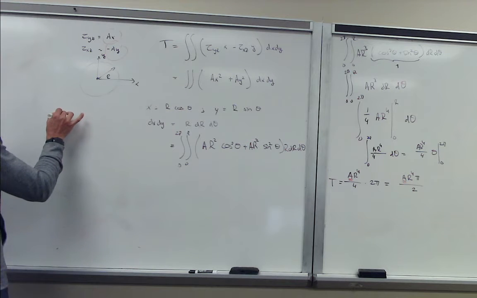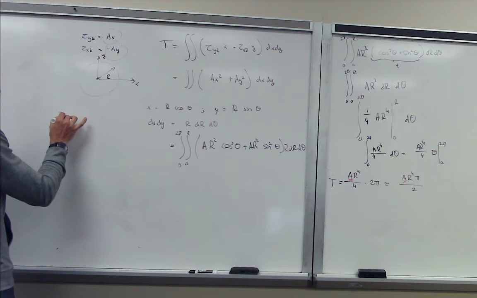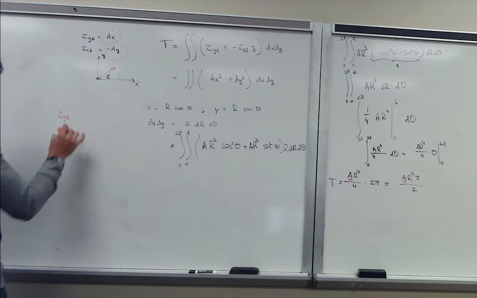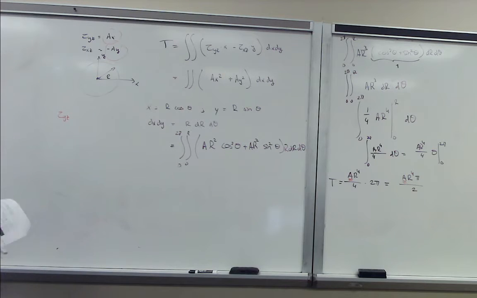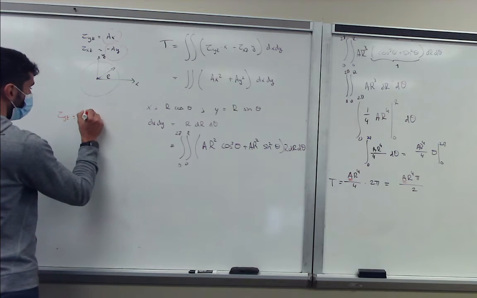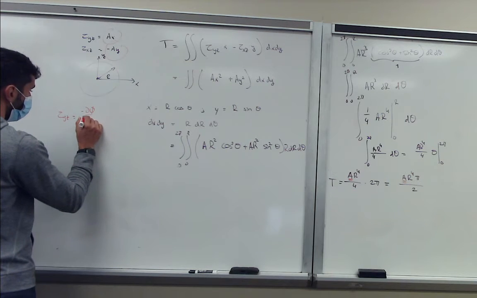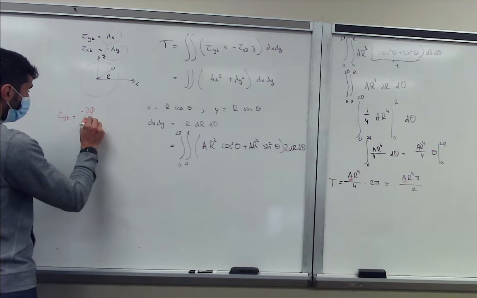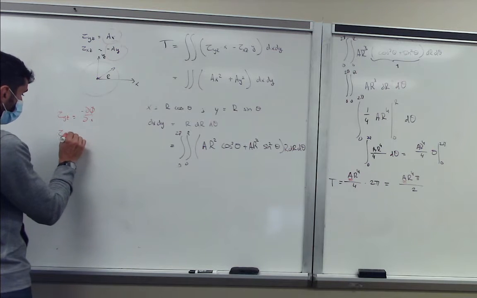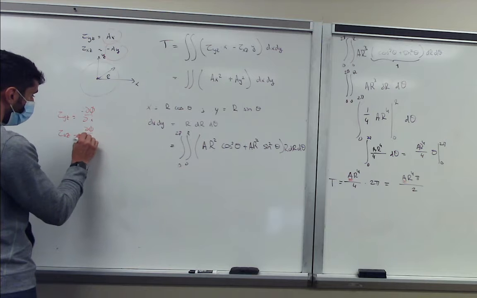So we said that tau yz, I have to recall that again. So what's our function? Tau yz is negative d phi dx, and tau xz is d phi dy.